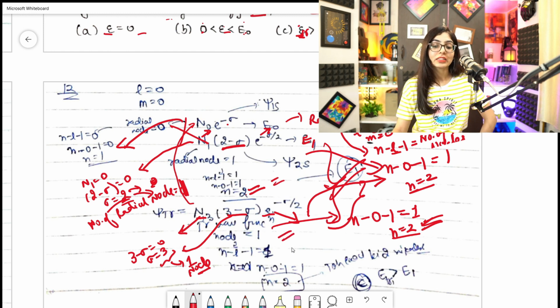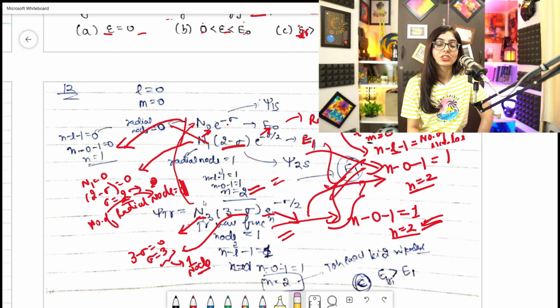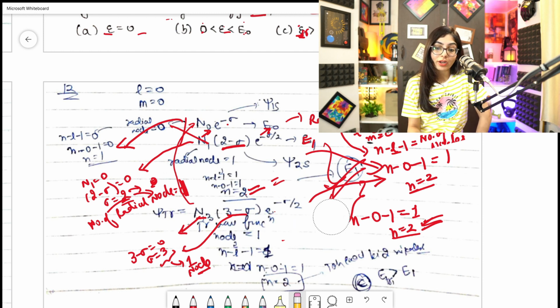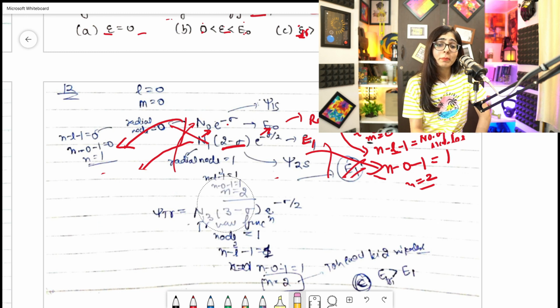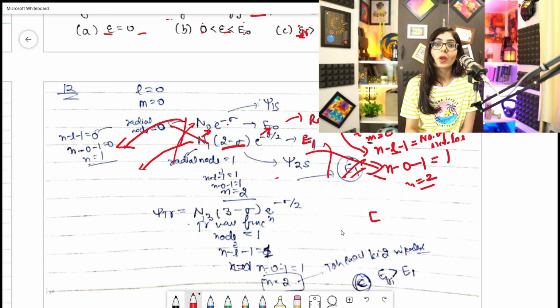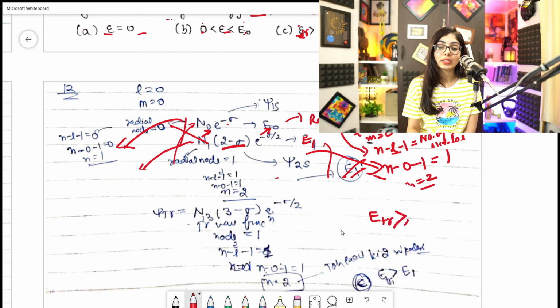So now I can conclude. There was one condition when I was teaching the theory. People who are new, you can go back and see that theory, that the main agenda is that whatever the trial wave function energy will be, we don't know the exact energy of the trial wave function, but we can say that it will be greater than or equal to the exact energy. Fine.